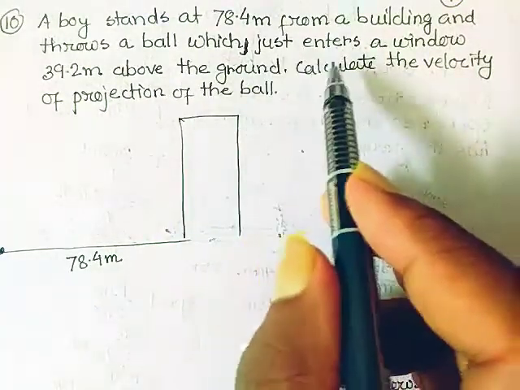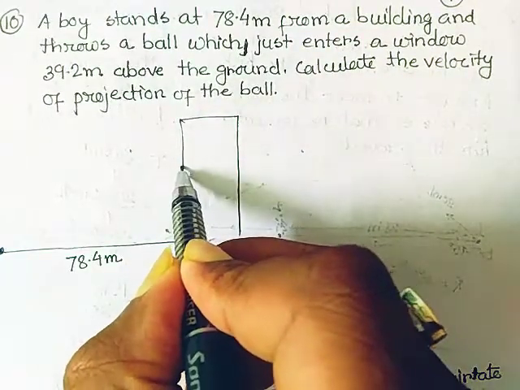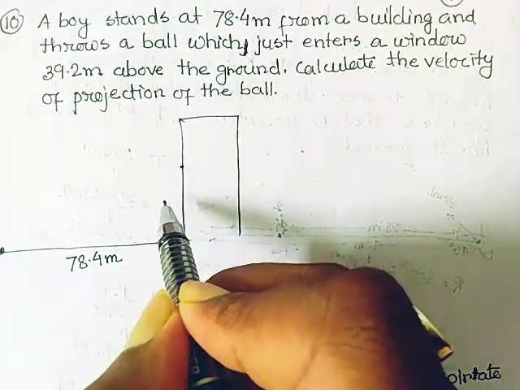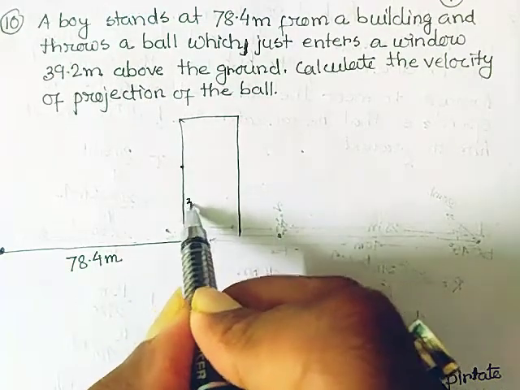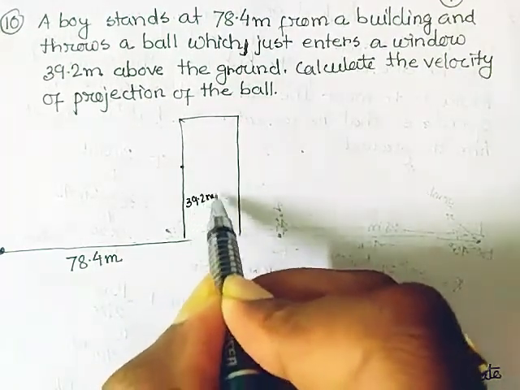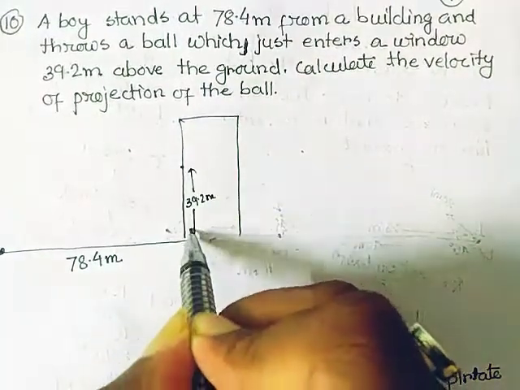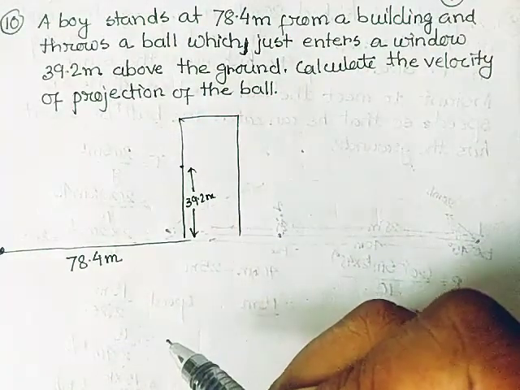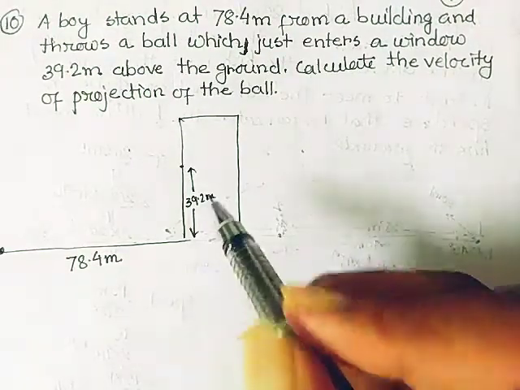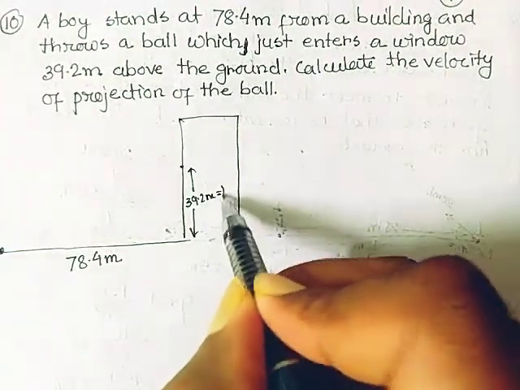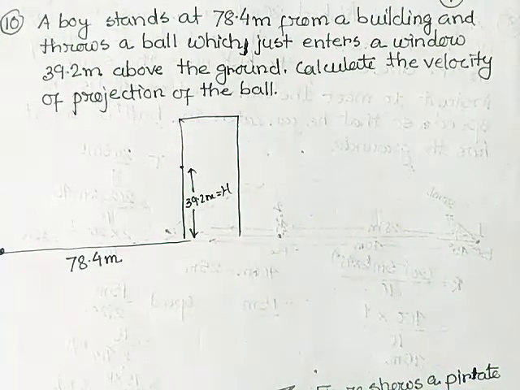So it just enters a window 39.2 meter. Just enters, this word is very important. What is the meaning of the word just enters? The meaning of the word just enters is that this 39.2 meter is the maximum height.